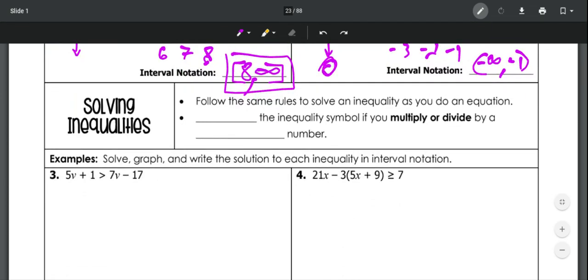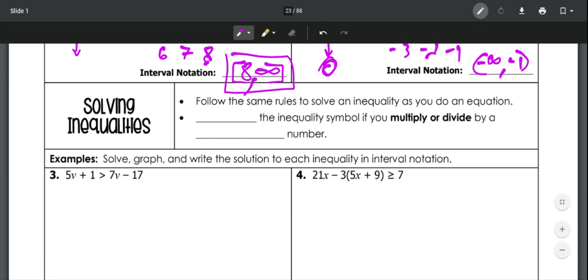So, solving inequalities. They follow the same rules as an equation does. Same rules to solve an inequality as it does with an equation. So we're going to solve these the exact same way. The only difference is you're going to have an inequality symbol like that instead of an equal sign. But you can think of them the same way except this one rule.